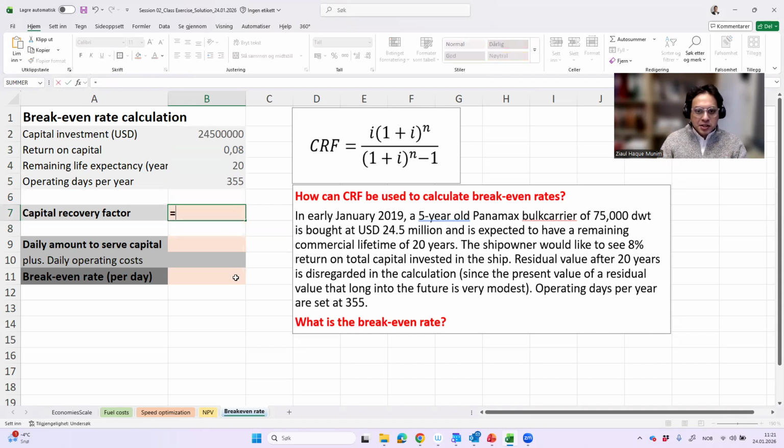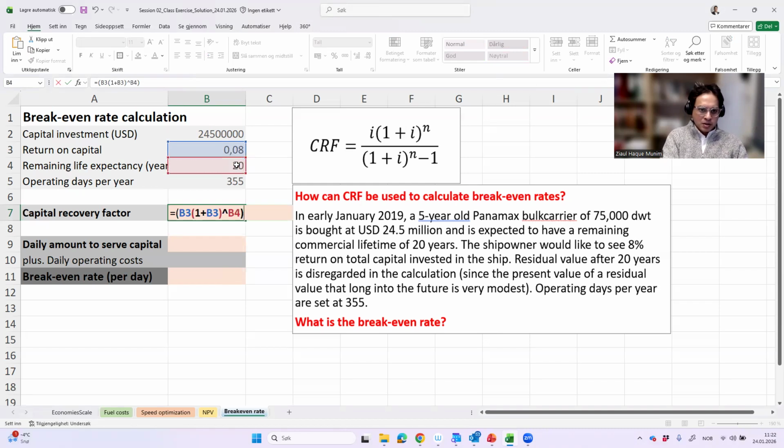We just use the equation. To use the equation, I will start with one bracket first. So I is the return on capital. Then I start with another bracket, 1 plus, again, I, and we need a power of n. N is the remaining number of years, so it's 20 here.